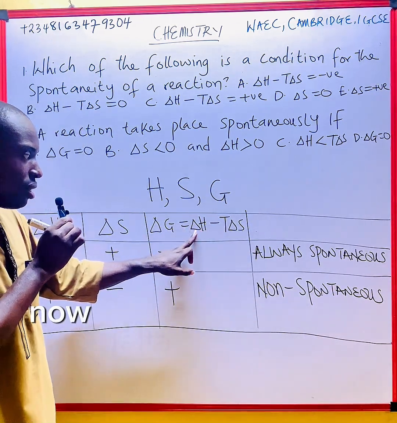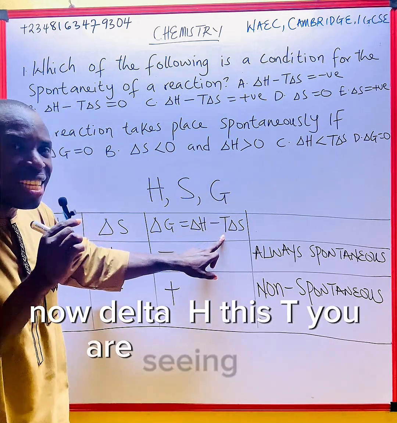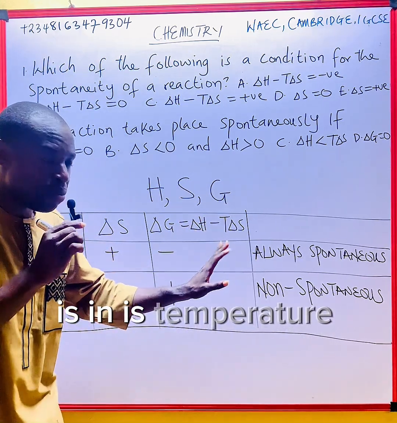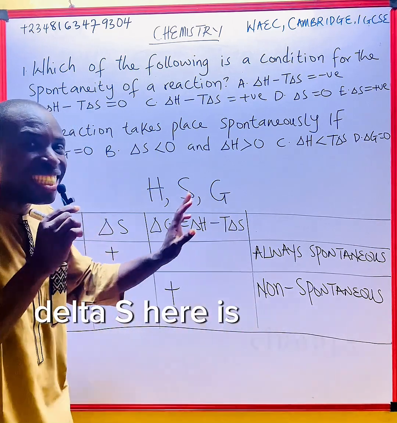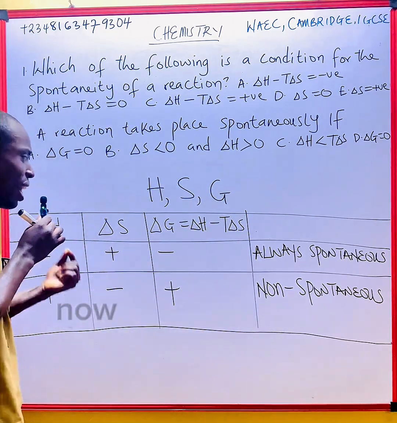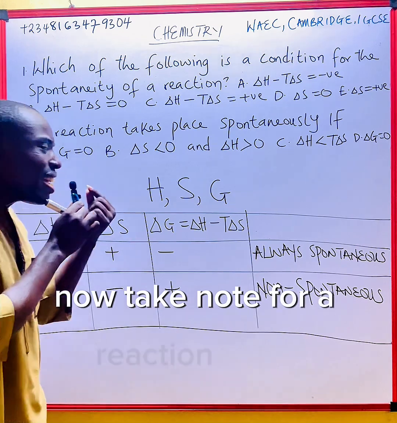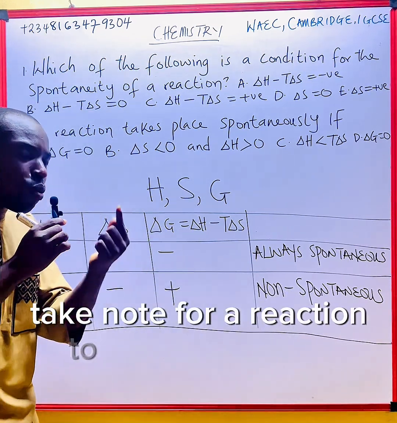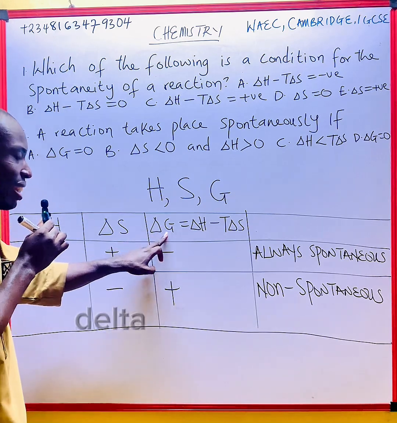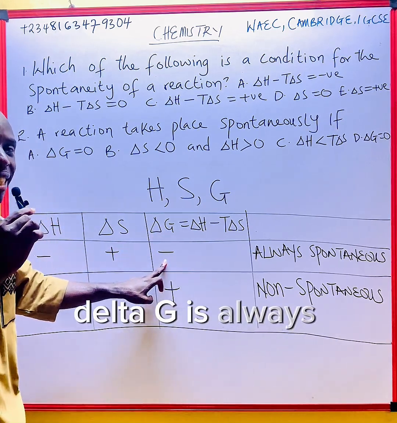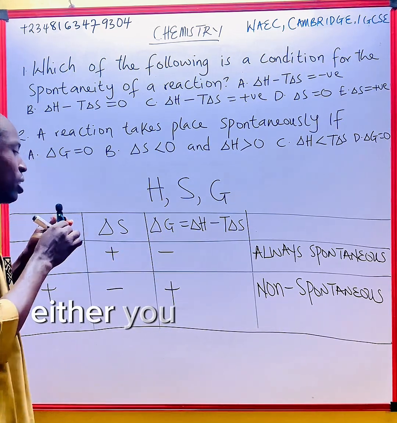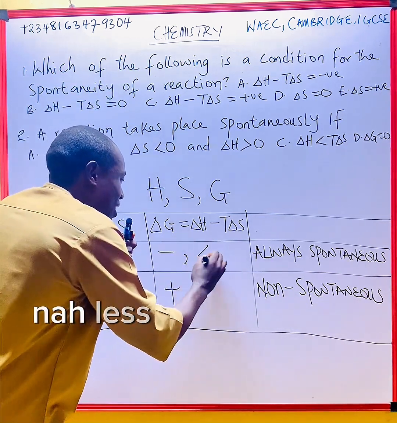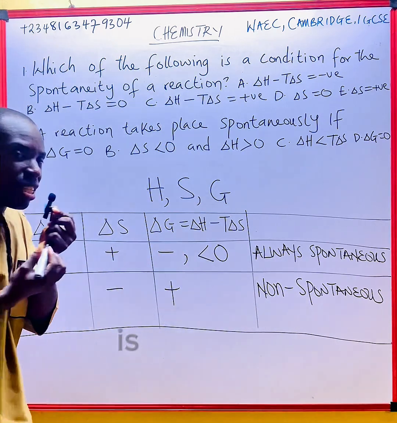Now, delta H here is the change in enthalpy, while delta S here is the change in entropy. Take note, for a reaction to be spontaneous, delta G is always negative, or you could say it is less than 0. Is that clear?